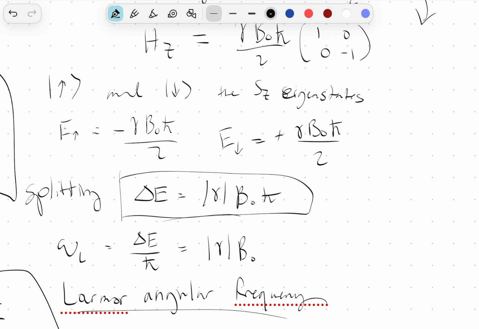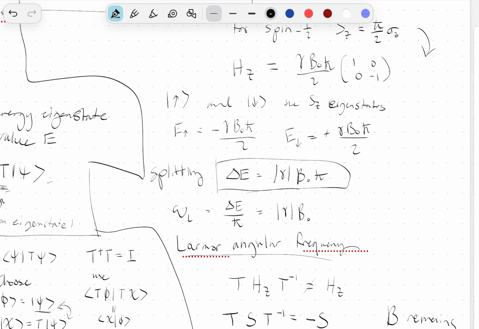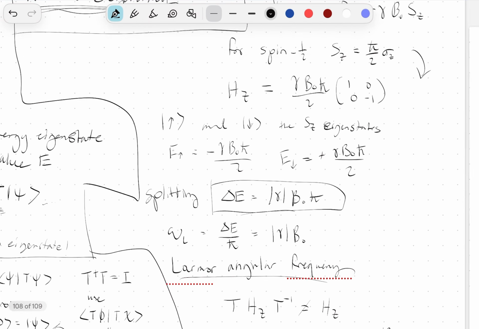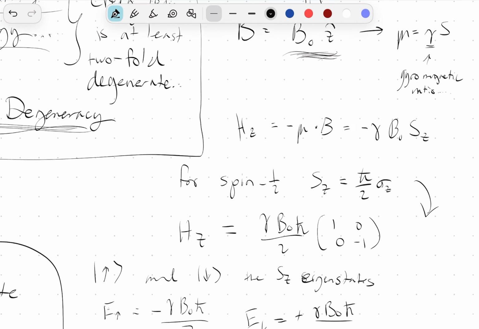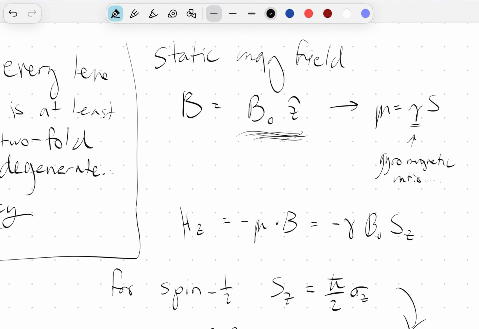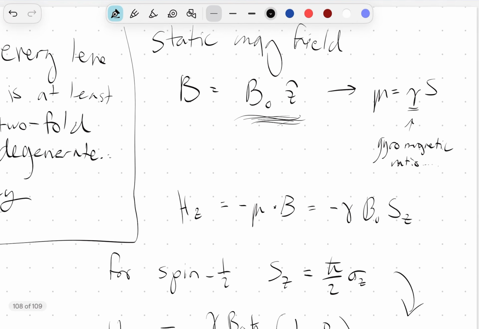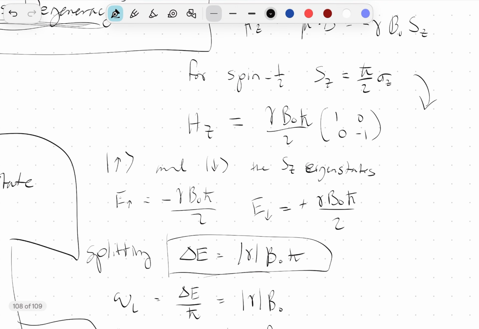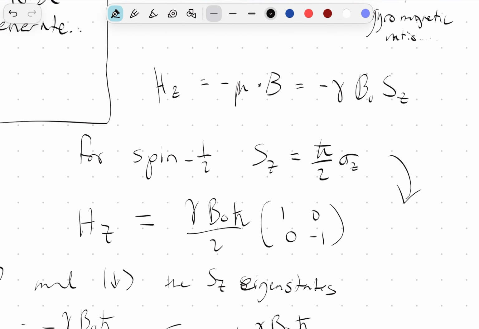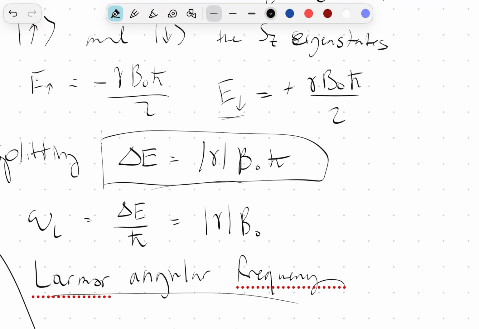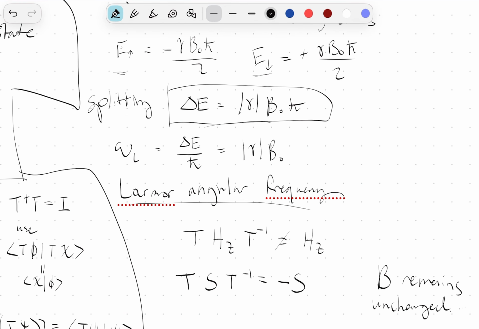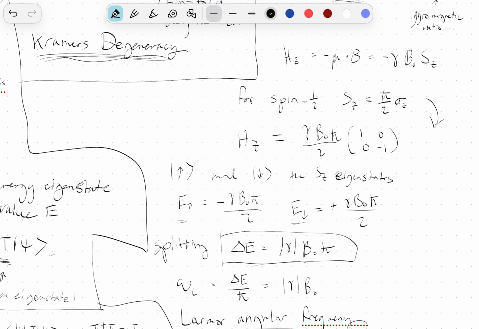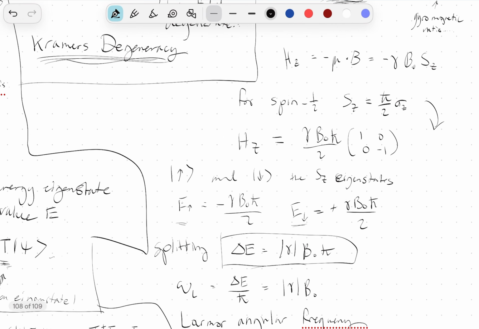So Zeeman splitting directly exposes the underlying spin multiplet. Without the field, we only knew there were two states, but they were energetically indistinguishable. Now the magnetic field is choosing to label their states by their orientation, and turns this representation theory into a measurable spectral line.